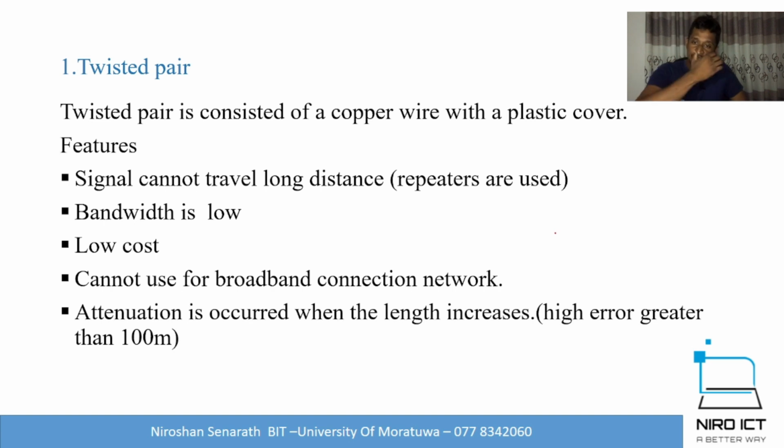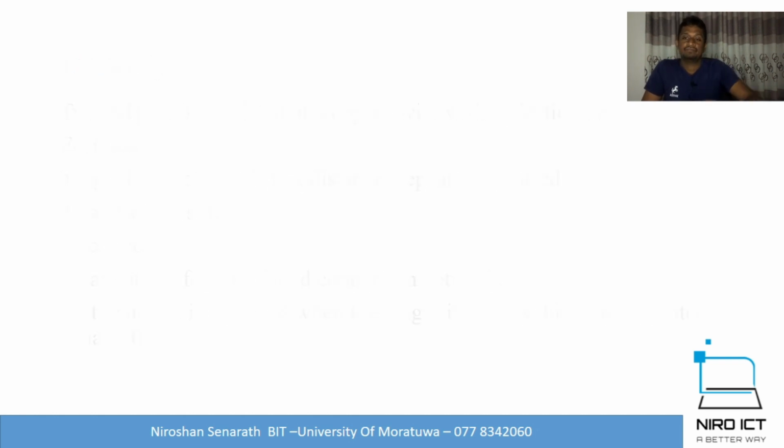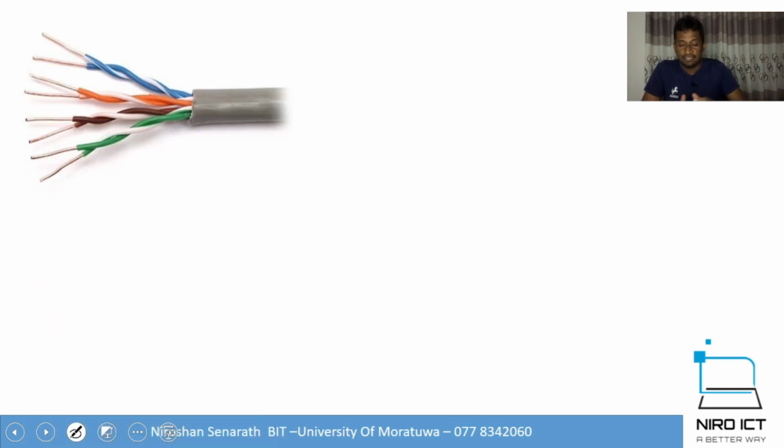So attenuation occurs. I have explained what attenuation is. If you exceed 100 meters using twisted pair cable, attenuation occurs. That means your signal shape is destroyed. High errors are generated. This type of cable we call UTP, and I'll tell you why.